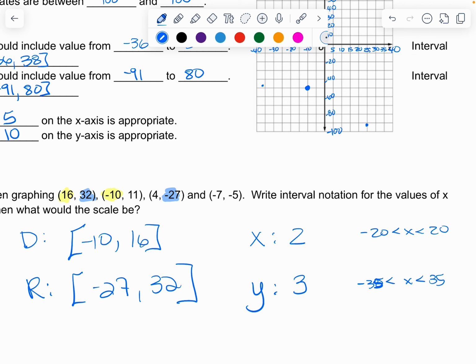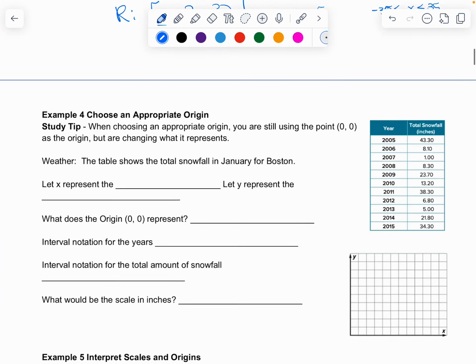Maybe go by 5's. I could do 5's here. I would do 2's or 4's depending. Okay.